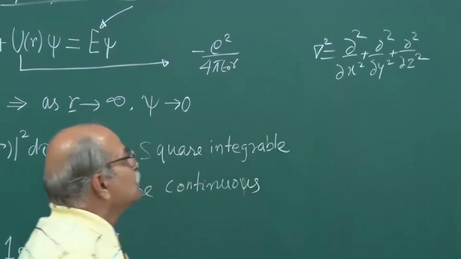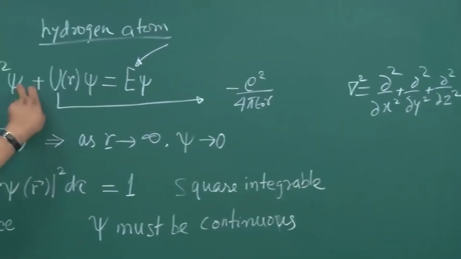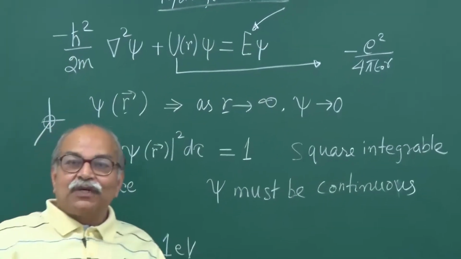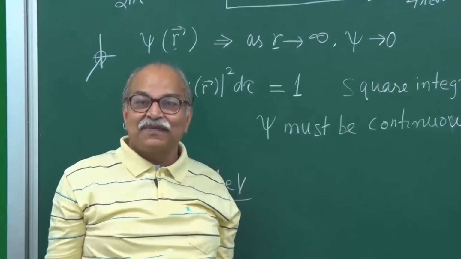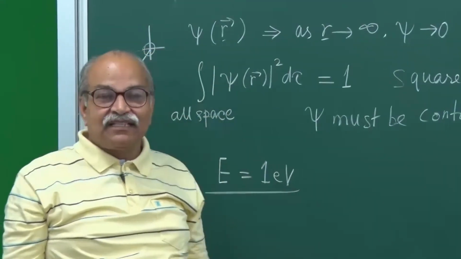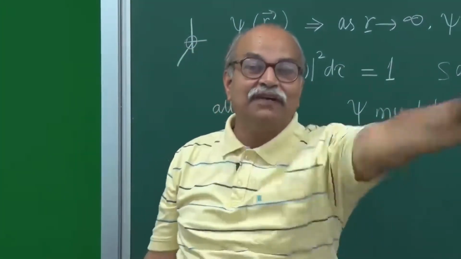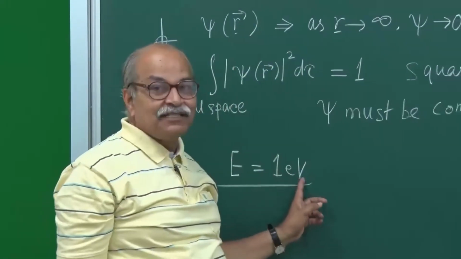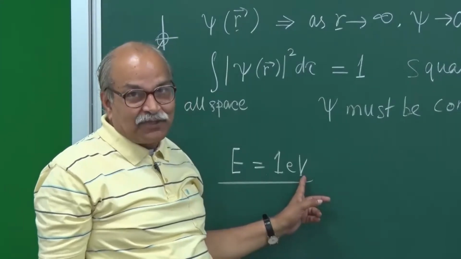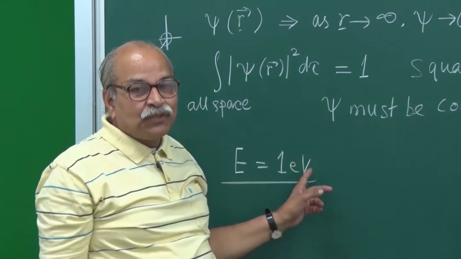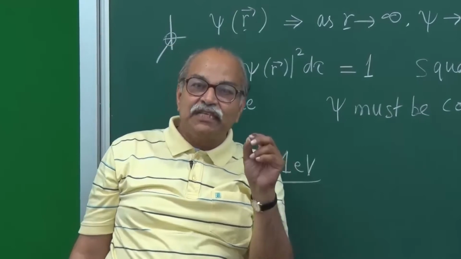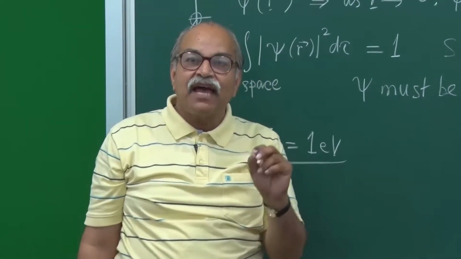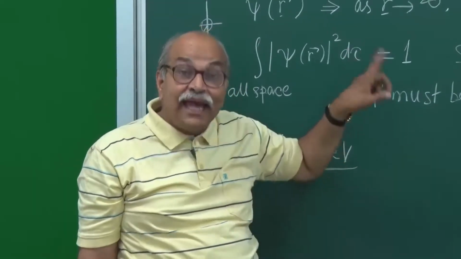So if I do all those operations on this psi and write this equation, what functional forms of psi can I have? And the answer is that you cannot have any psi if this E is 1 electron volt or 2 electron volt or 1.5 electron volt. Only for some specific values of E, you can find psi.